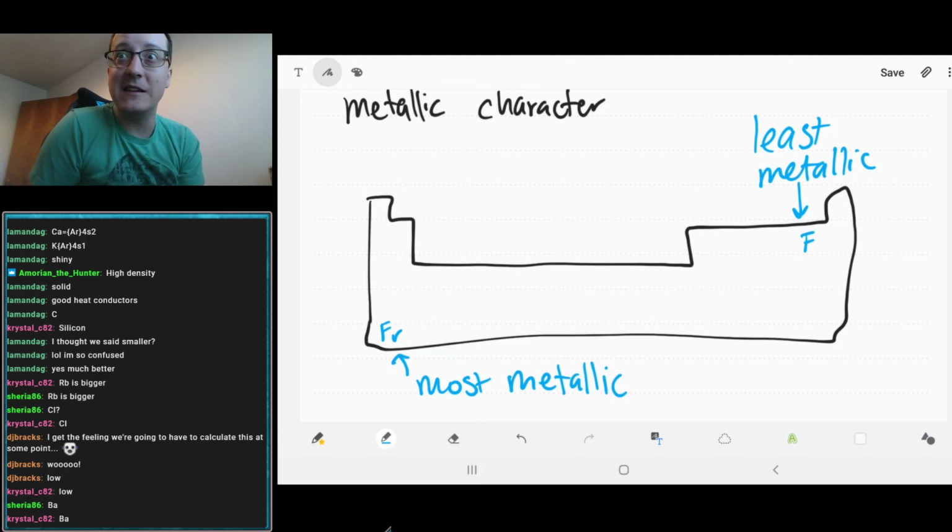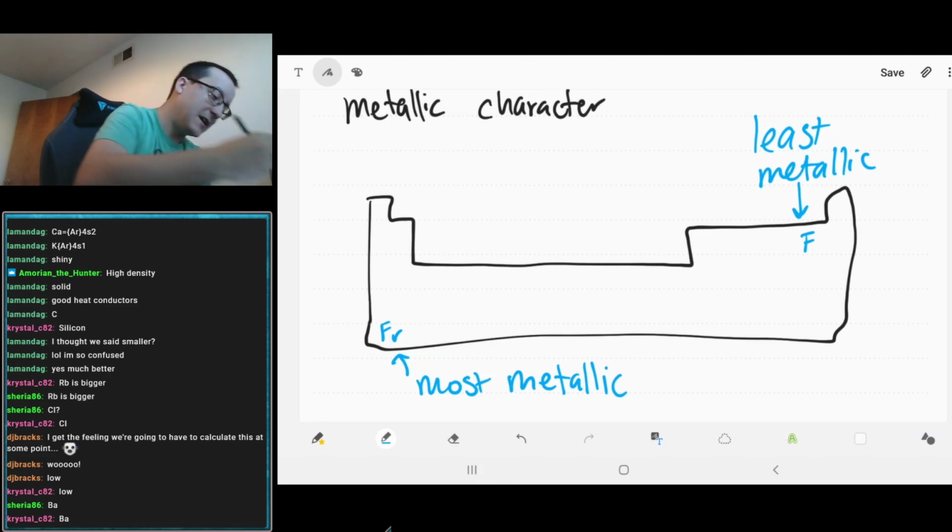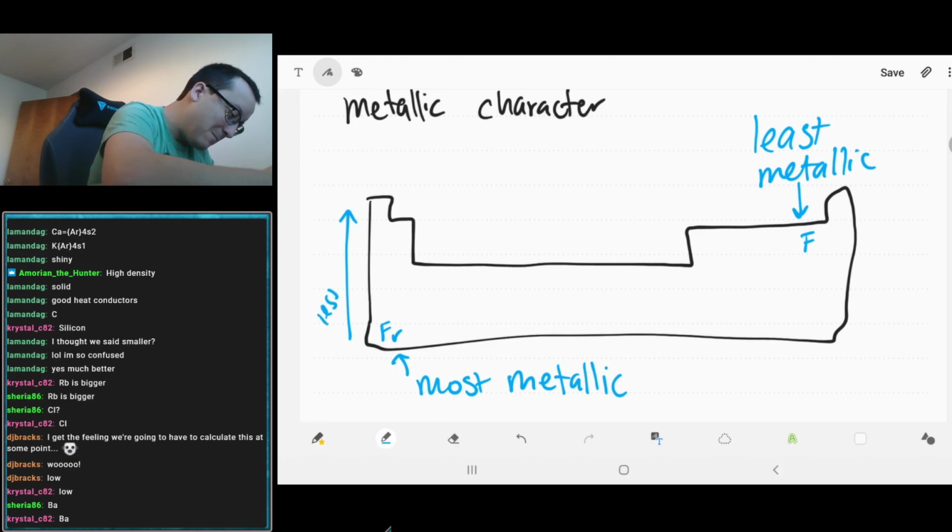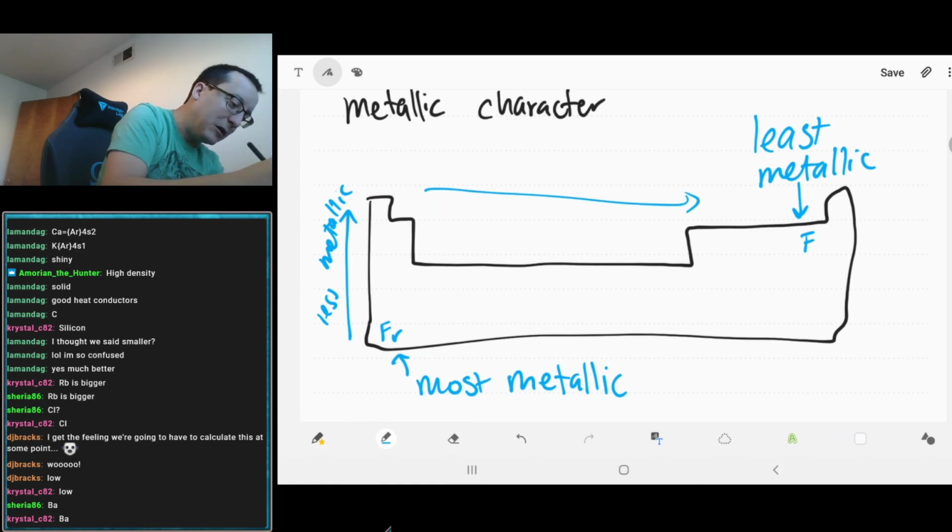So it's going to say, yeah, please go right ahead, take it away. It's not going to take any energy whatsoever to get rid of this electron. And so it's exactly the same trend. As you go up, you get less metallic. And as you go to the right, you also get less metallic.